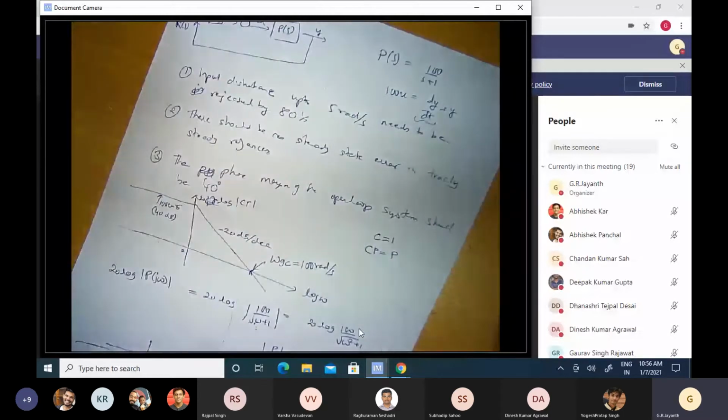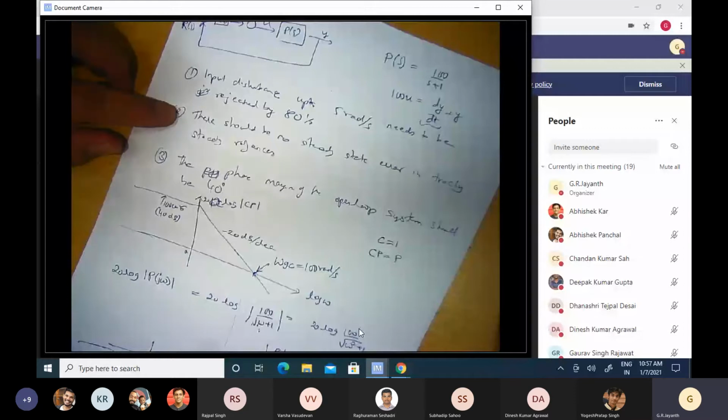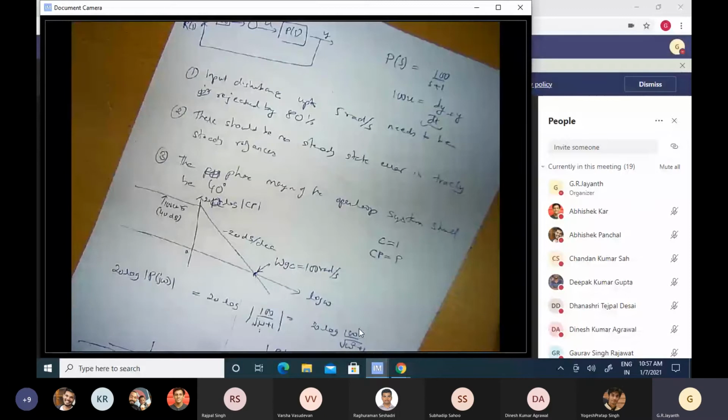So do you agree with me that we can view a steady reference as a reference of frequency 0 radians per second? If I can view the steady reference as a reference of 0 radians per second, then what the specification is telling me is that my controller times the plant should have a gain of infinity at 0 radians per second in order for me to perfectly track whatever reference I provide at that particular frequency.